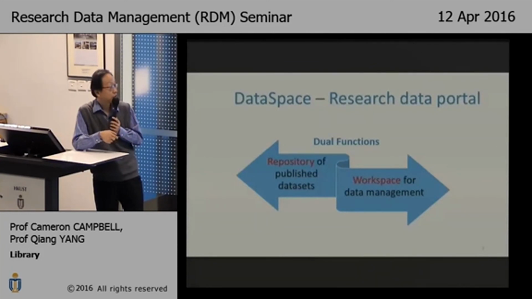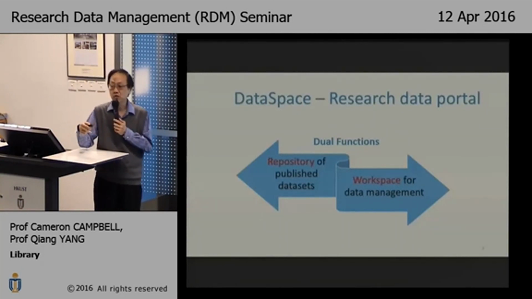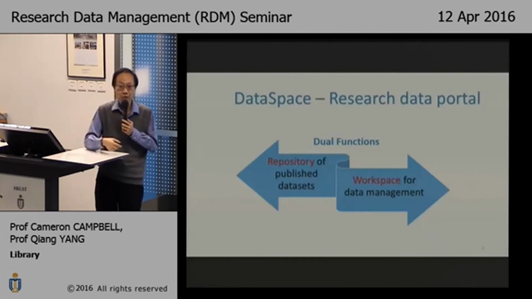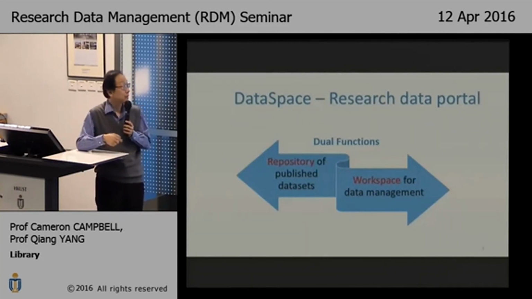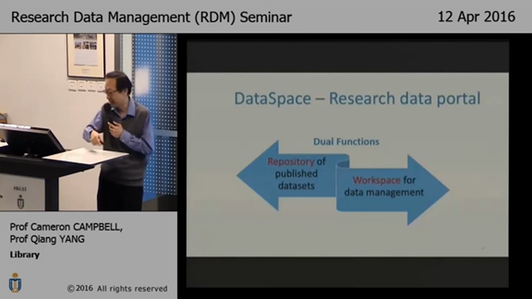And it can also act as a workspace, so that if you are in a research group affiliated with your professor or supervisor, you probably have lots of data to manage together within the research group. So you can use DataSpace to manage, share or organize your data.